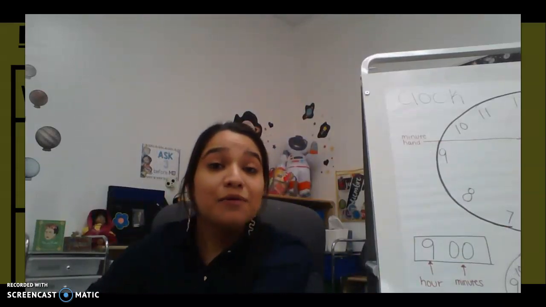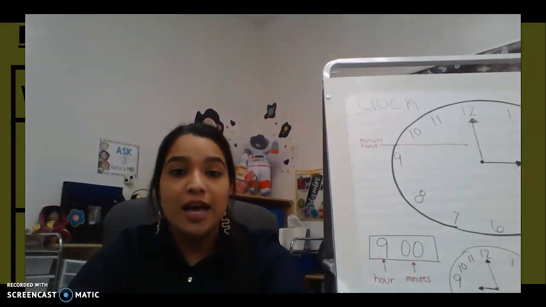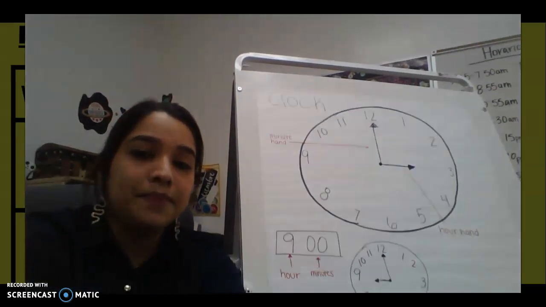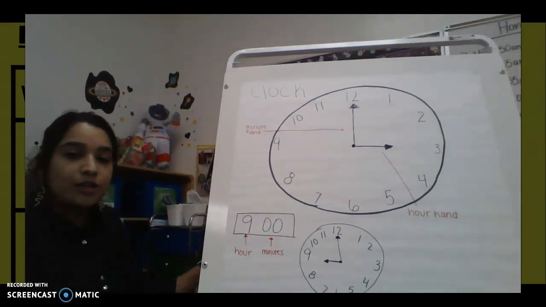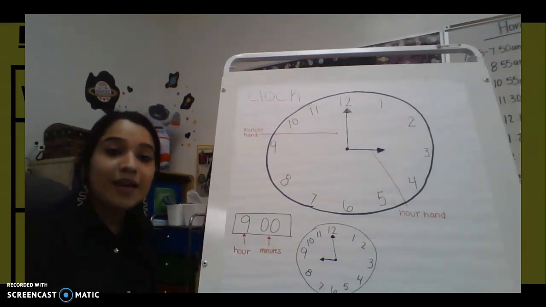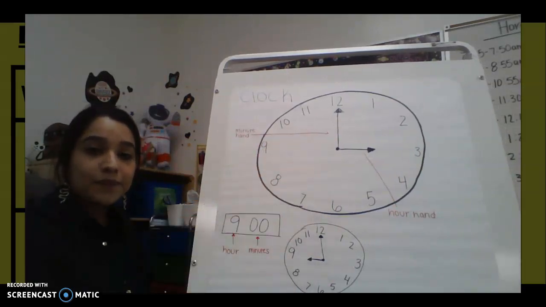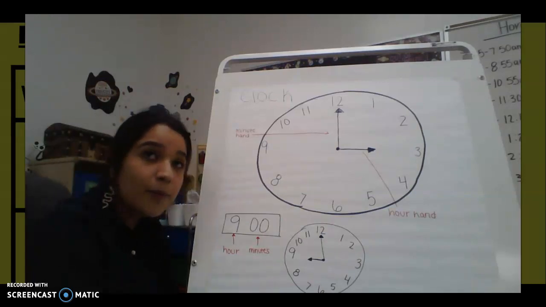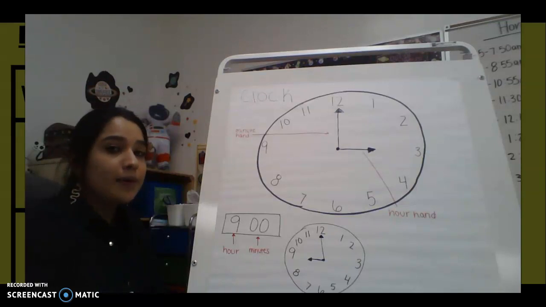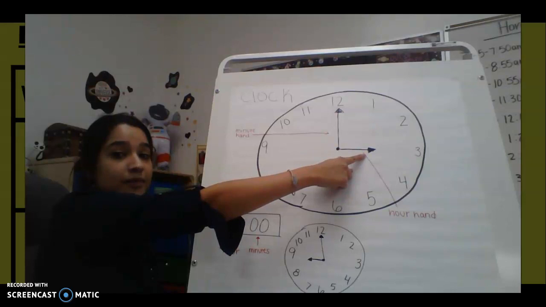So now that we've reviewed vocabulary, let's go ahead and look at our anchor chart that we've done before. So let me go ahead and move the camera. Move the anchor chart a little bit. So this is our big clock that we have here. Again, can anyone tell me what is a minute hand? Is it this one or is it this one?